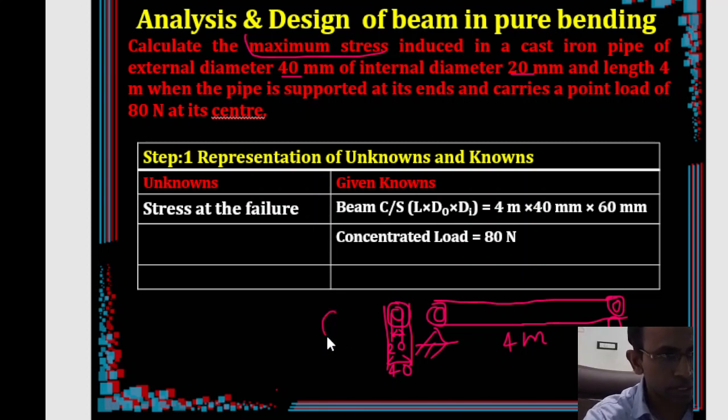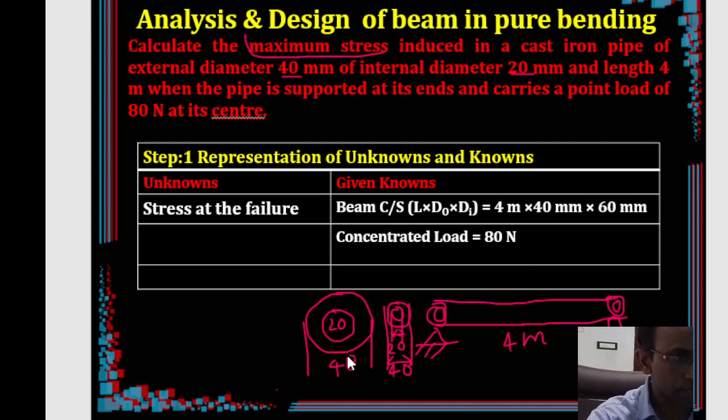Just to illustrate, this is the inner one, 20, and the external is 40 mm. So this was your hollow cast iron pipe cross sectional details.